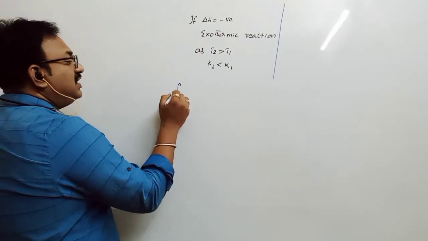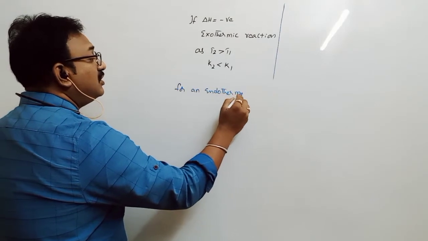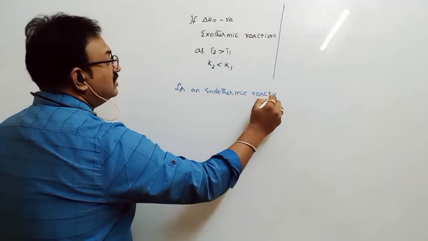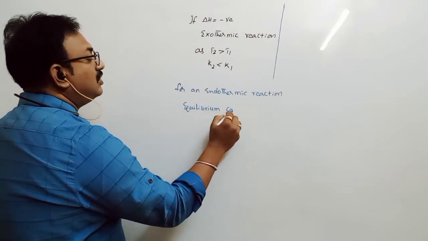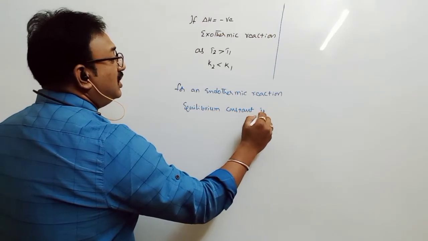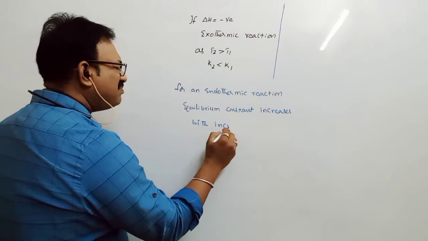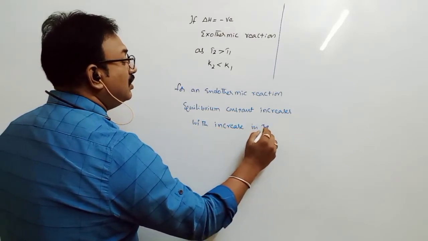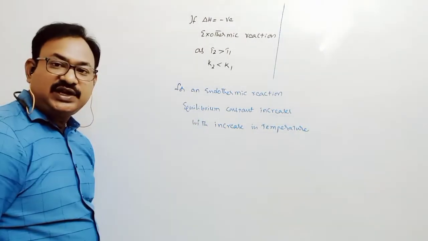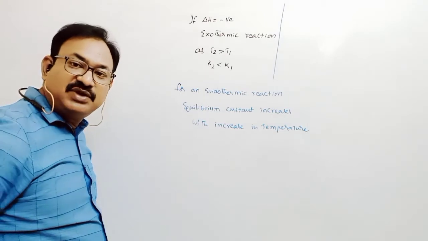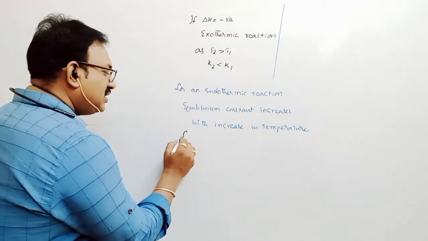For an endothermic reaction, equilibrium constant increases with increase in temperature. Similarly, for an exothermic reaction, it decreases. वो भी point लिखिएगा.